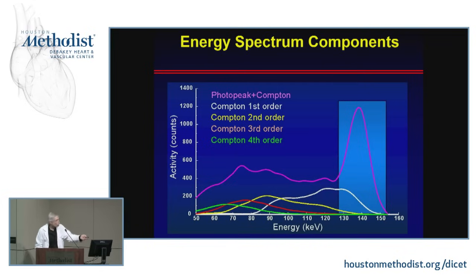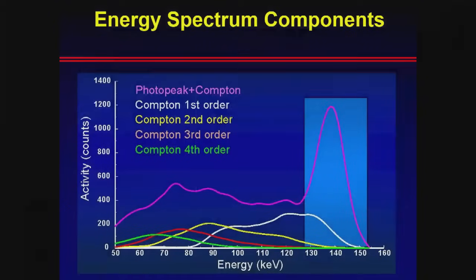We want to deal only with the ones that come through and hit the collimator and have the proper energy where we can say not only has the collimator decided that this event is linear with the patient and that's the proper photon, but the energy has also determined that this is not a Compton scattered photon that somehow just managed to get through, okay? Because it's the proper energy, and if it had been Compton scattered, you would not accept it, okay?